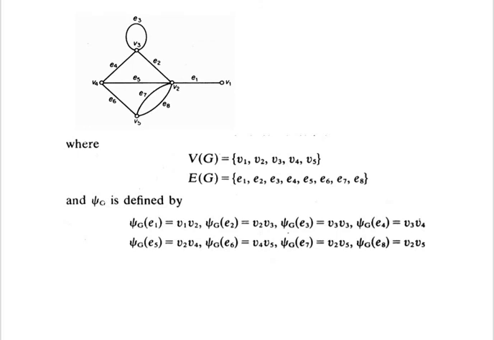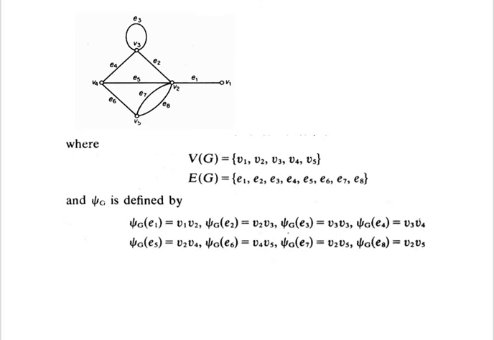If you take the edge E1 specifically in the diagram, you can see that the edge E1, which is represented as a line in the figure, has two end vertices, say V1 and V2. So the image of E1 under psi_G is its corresponding end vertices V1 and V2.